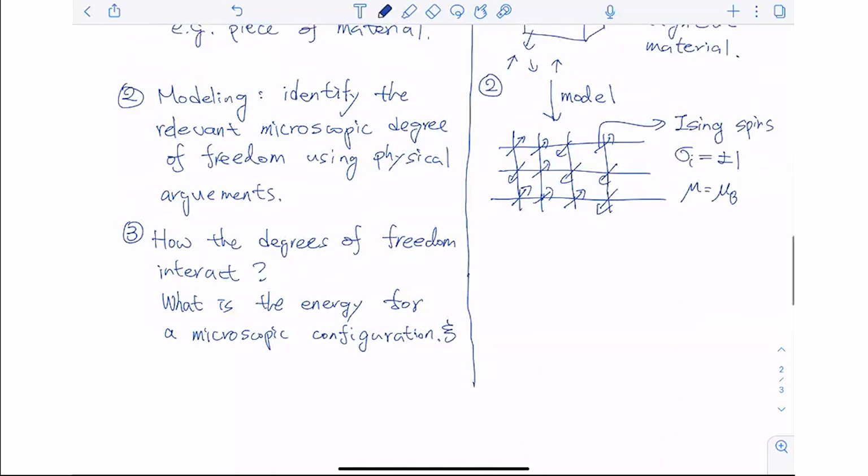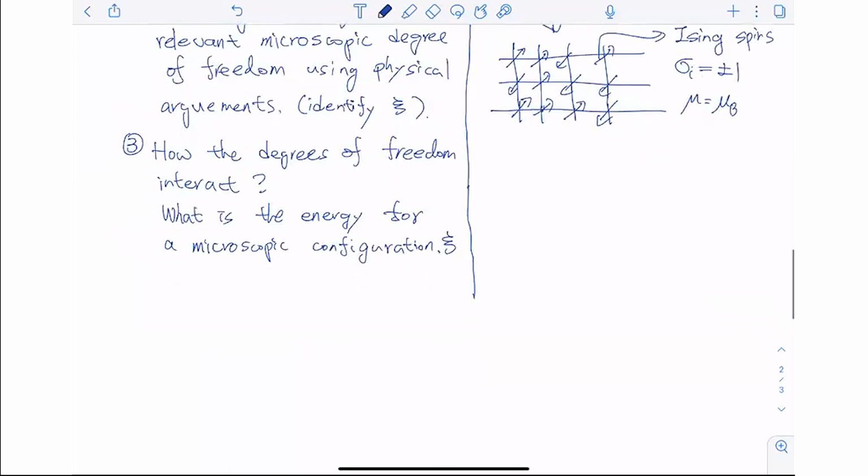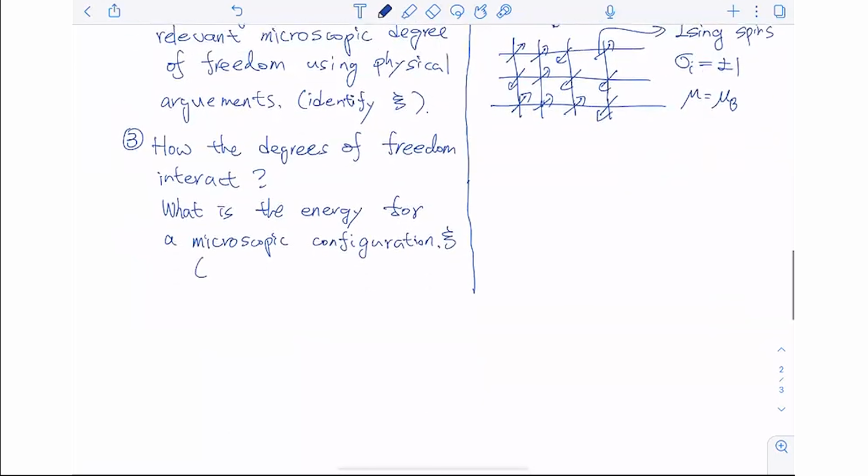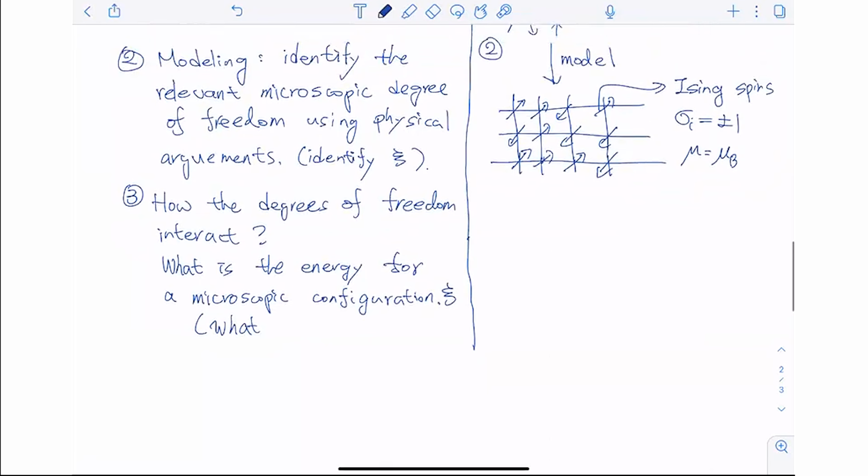So the second step is identify Kc, and the third step is basically what is E of Kc.